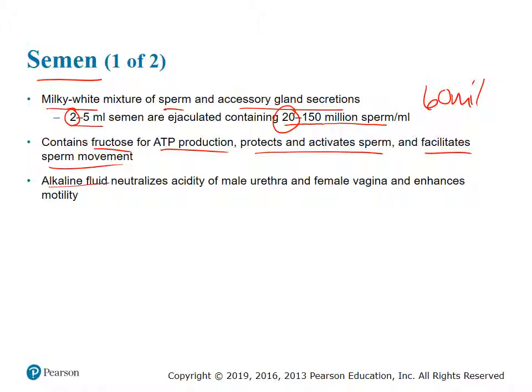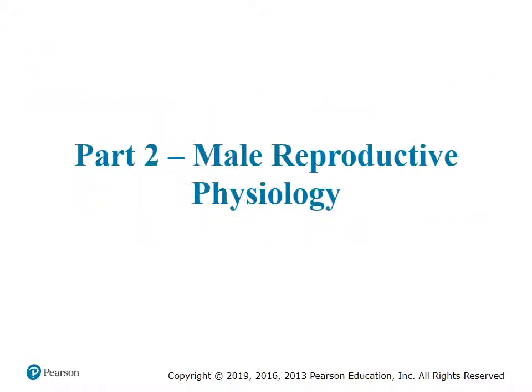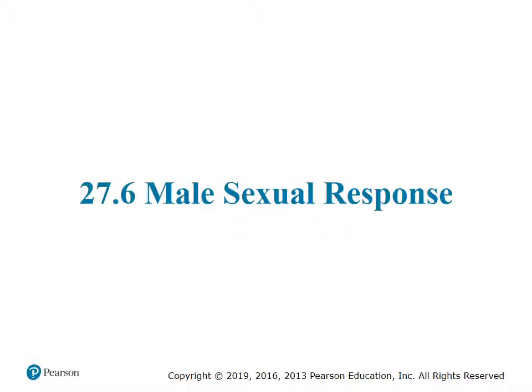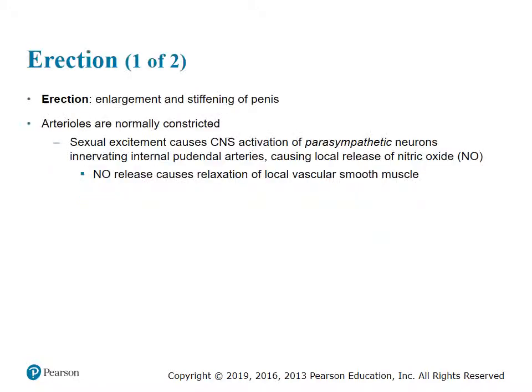Again, that bulbourethral secretion is alkaline, neutralizes the acid, right? It also neutralizes the acidity of the female vagina, enhances motility. So again, it's all about the physiology. We already are talking about the physiology per se, but let's talk about this first, right?